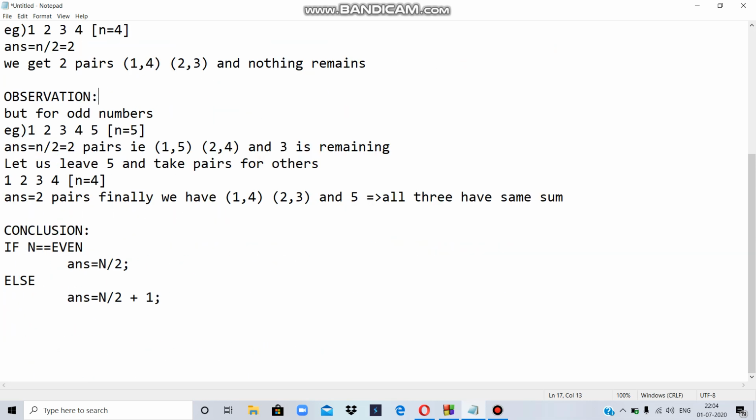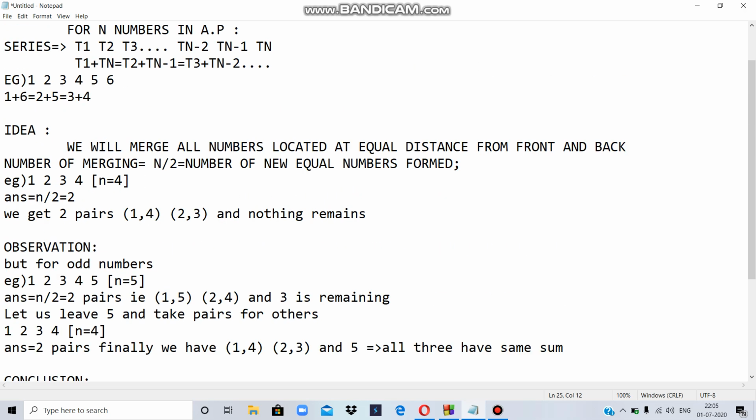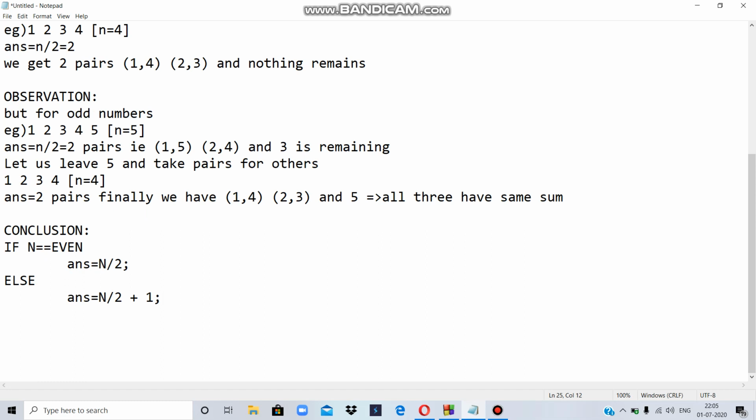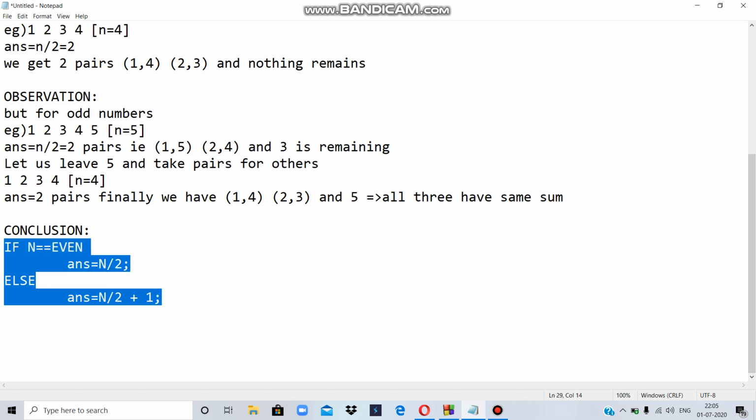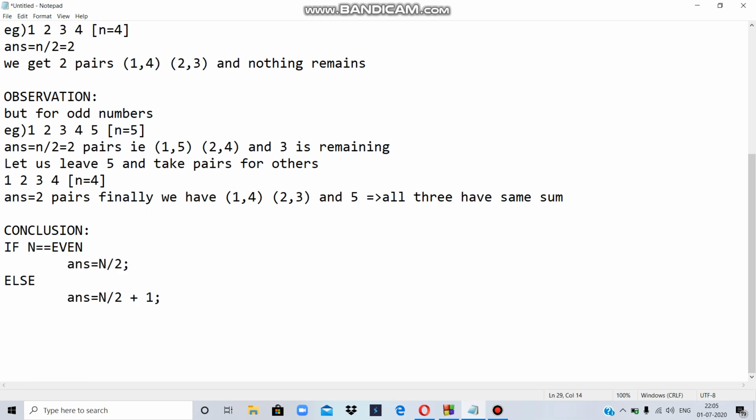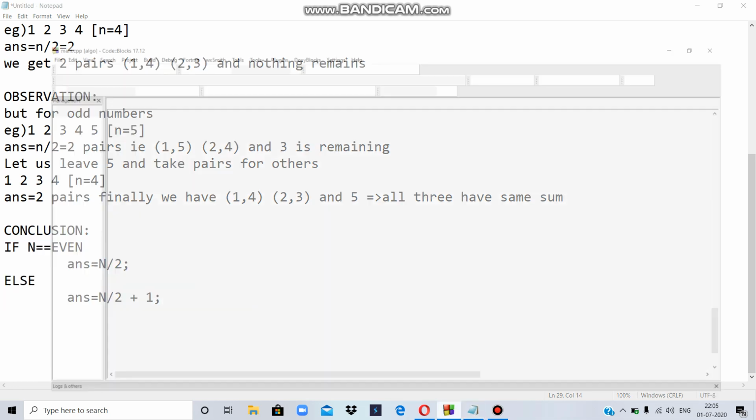Okay, but if I take the case of an odd number in the else part, I will get one extra element, as I showed by the example, and this is always going to happen, and this is what we got by observation. So following this conclusion, we can easily solve the question now, and the code is very simple. Let's go on to the code.